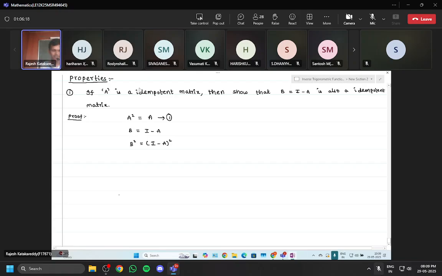So I can write this as I square plus A square minus 2A. I square is I. From equation 1, A square is A. This is minus 2A. So I got I minus A, which is equal to B. B square is equal to B. Therefore, B is an idempotent matrix.